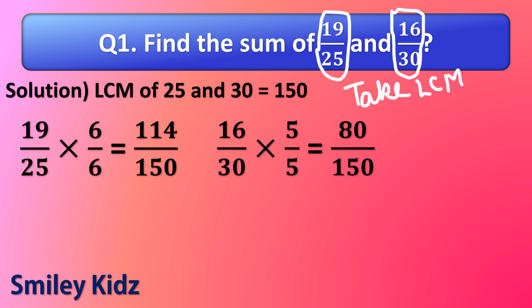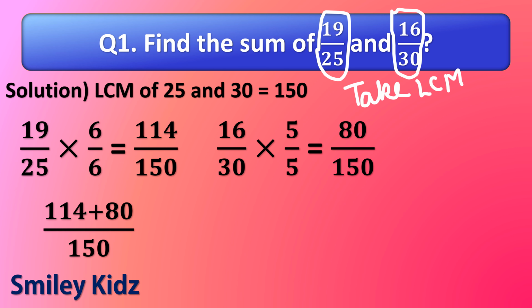Now let's multiply 16 by 30 with 5 on both numerator and denominator since we need to get the denominator as 150. 16 by 30 into 5 by 5 is equal to 80 by 150.